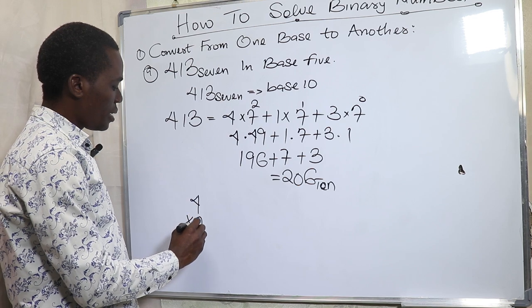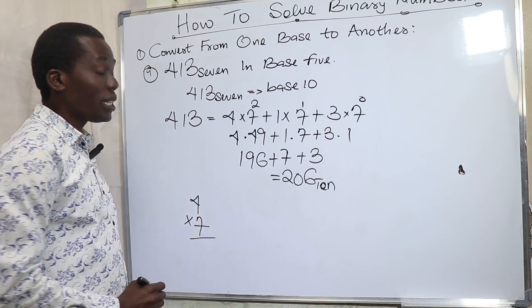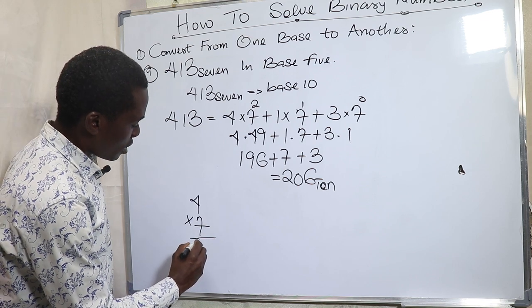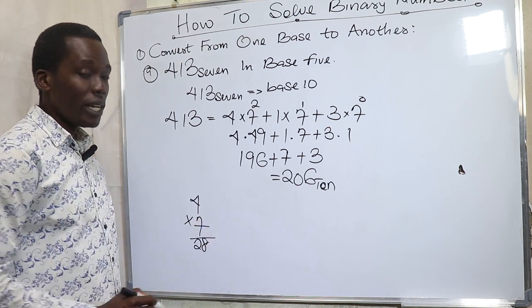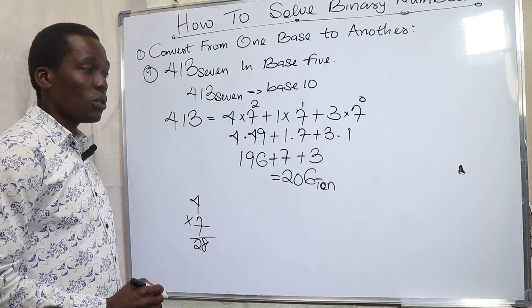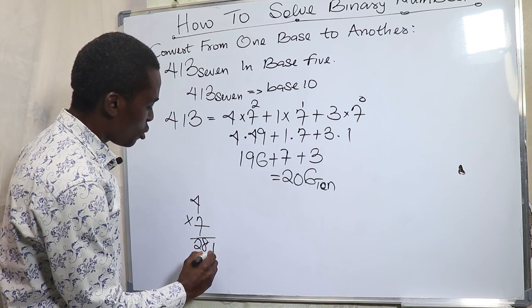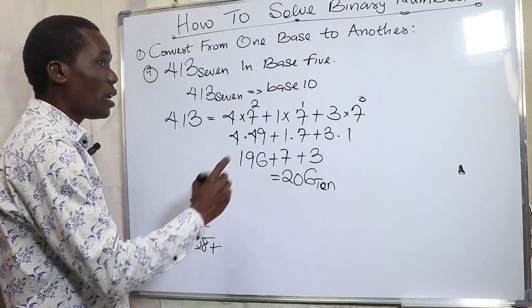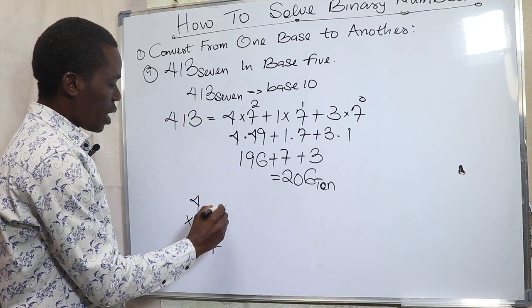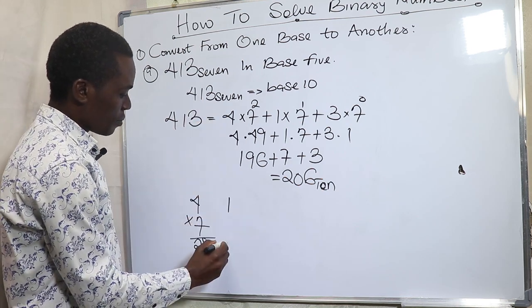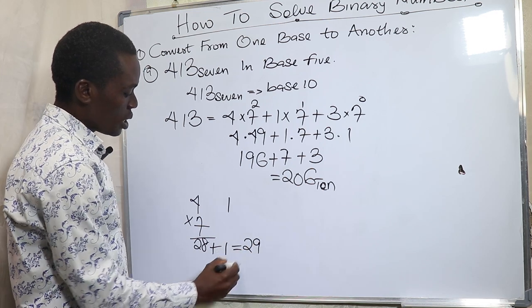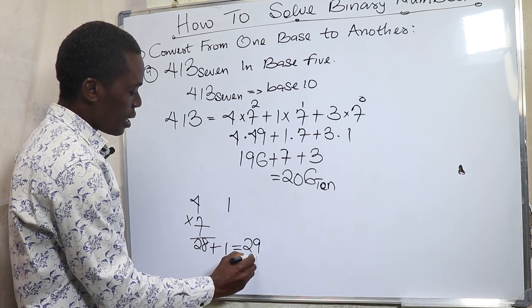I'll multiply it by 7, and that will give me what? 4 times 7 is going to give me 28. Right? If 4 times 7 gives me 28, I'm going to add it to the next number. What is the next number? The next number is 1. So I'll add it to 1, and that will give me 29. That 29, I'm going to multiply it by 7.